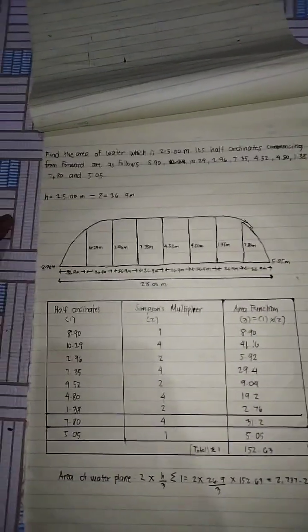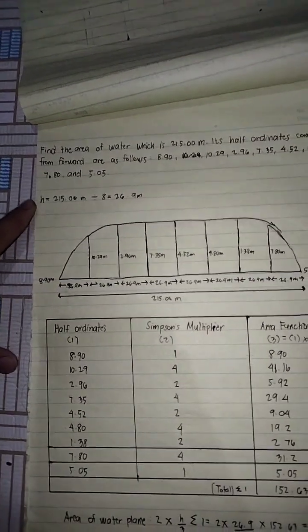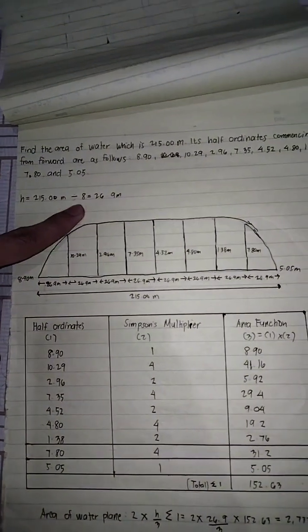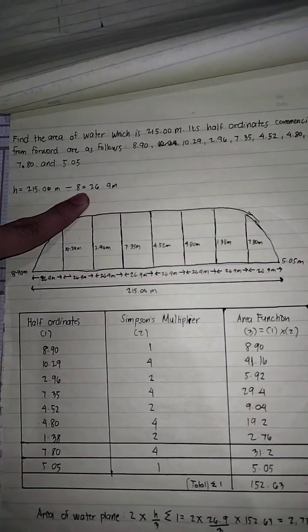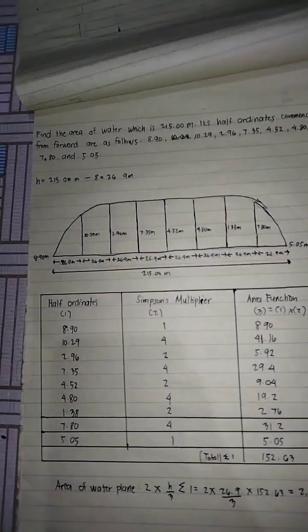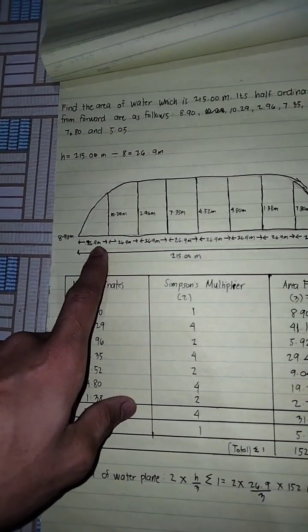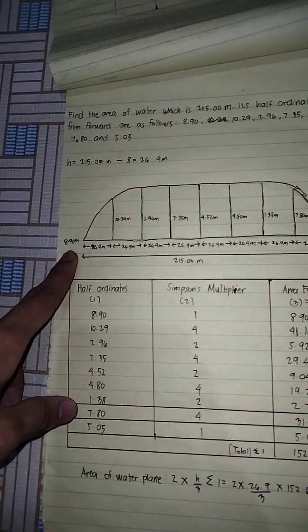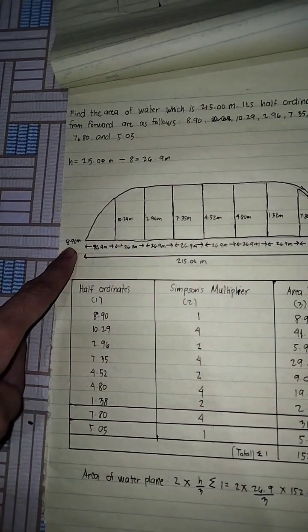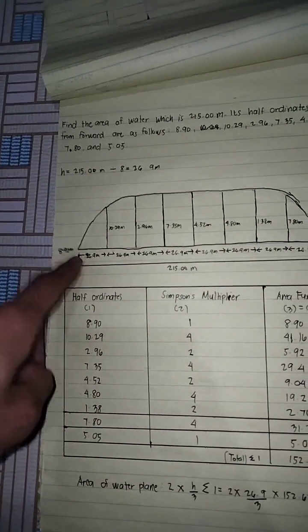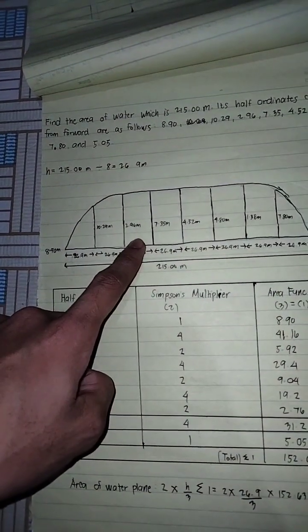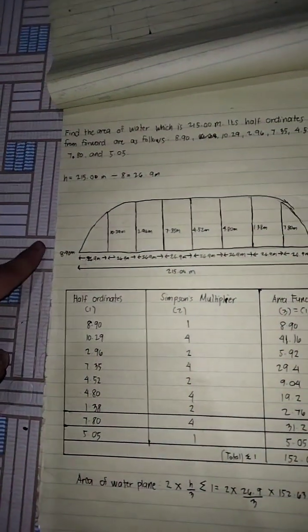So we need to calculate the interval. 215.00 divided by 8 is equal to 26.9. So this is the interval, 26.9, of each ordinate. This is the first ordinate, 8.90 meters, 10.29 meters, 2.96 meters, and so on.